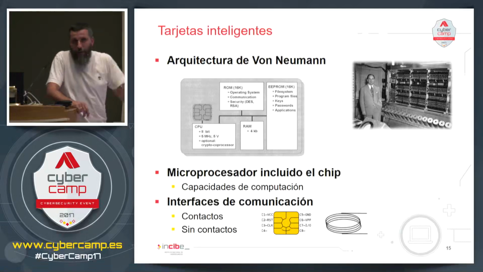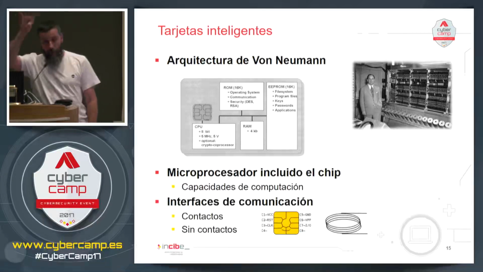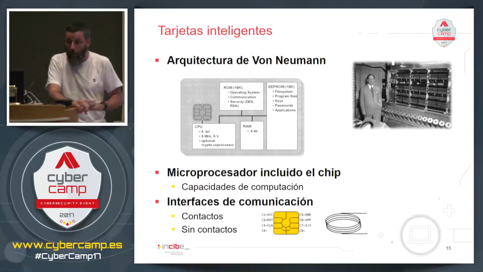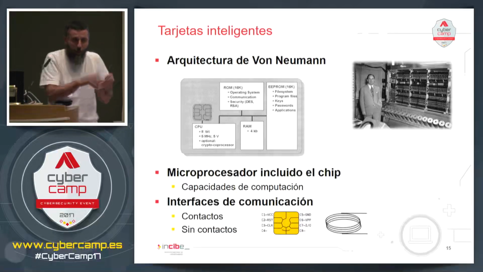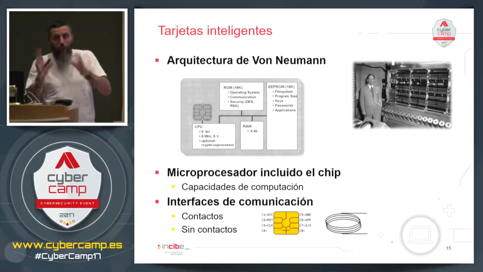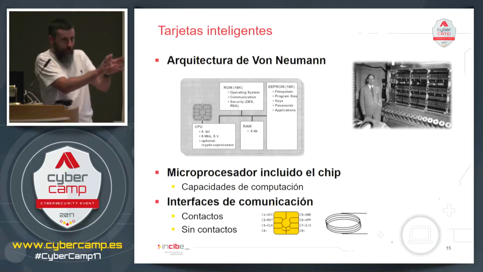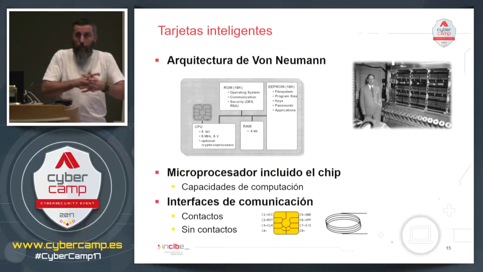Well, the chip follows the architecture of a von Neumann machine. It has a CPU, a ROM memory, a RAM memory, and another one which is a bit like a hard disk. That's what the architecture of a smart chip is.